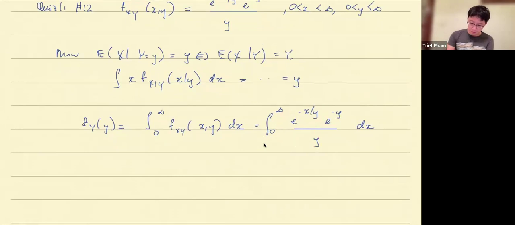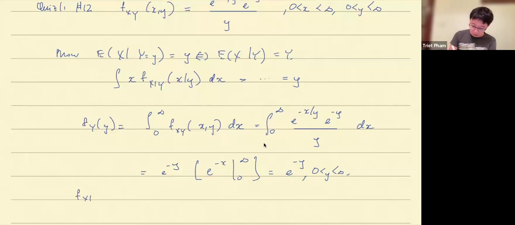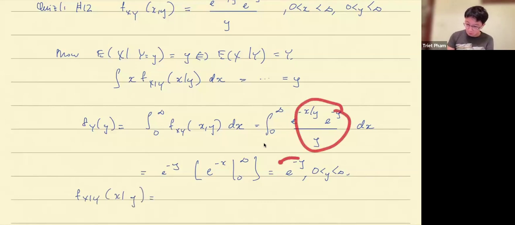Because this is a U sub. So you get, which is just eta minus y, right? And there you have it, because then the conditional density is this over this, which is, correct.